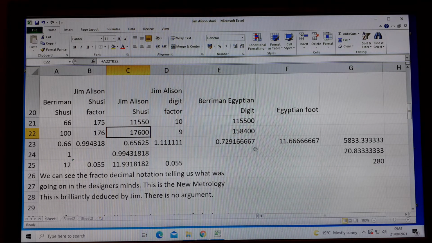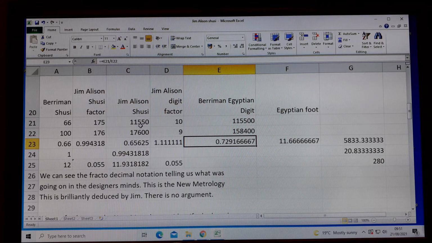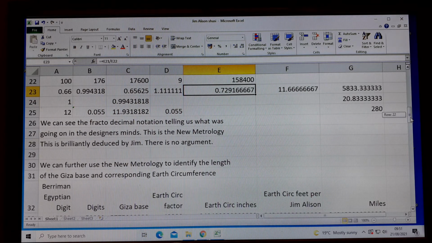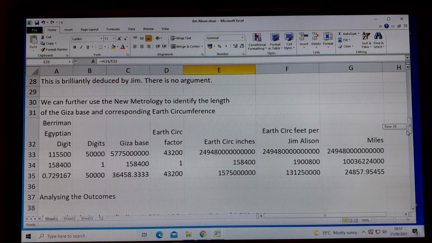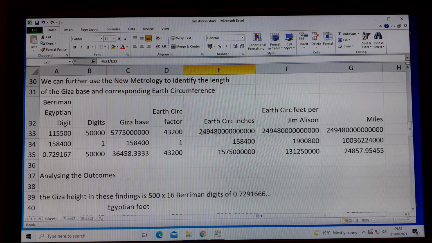And he's working out this digit, which is Berryman's, from the Shusi. And it's all done perfectly. So let's move down now and see where we go. We can further use the new metrology to identify the length of the Giza base and corresponding Earth circumference.